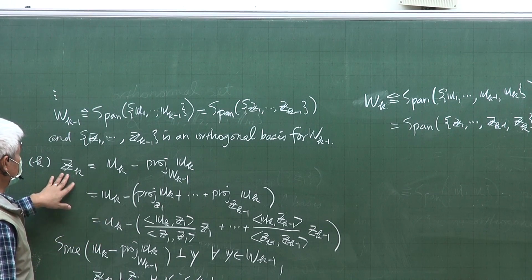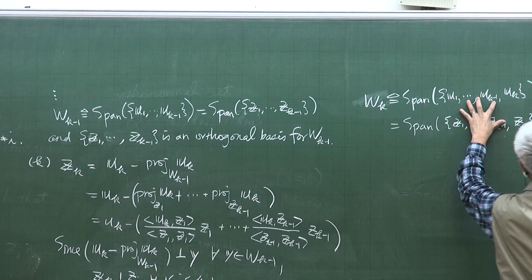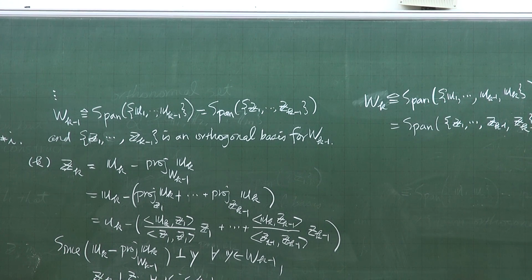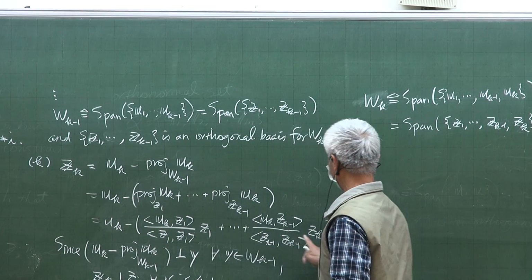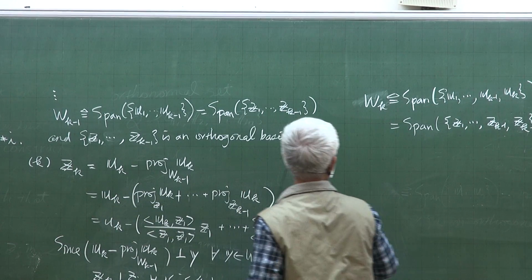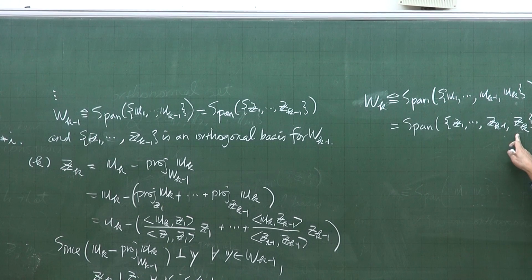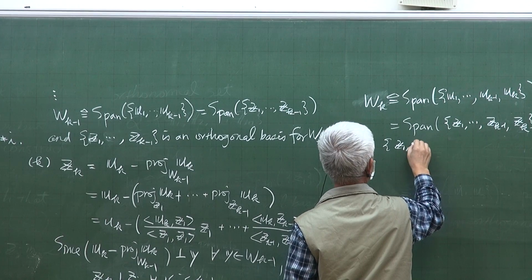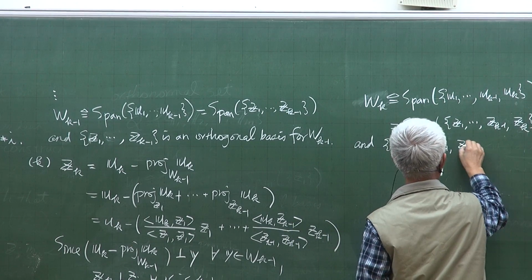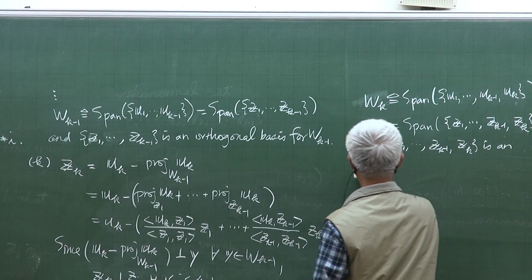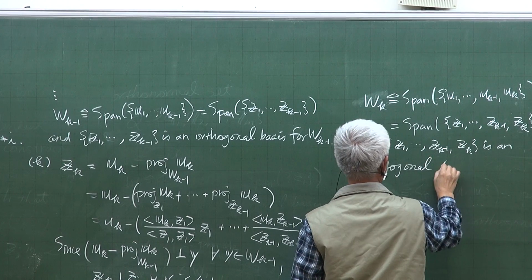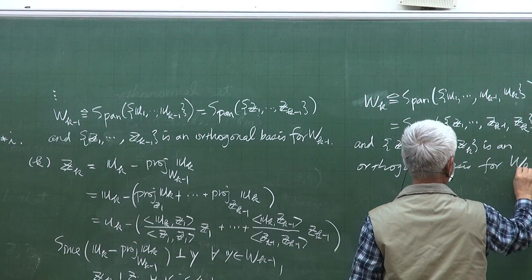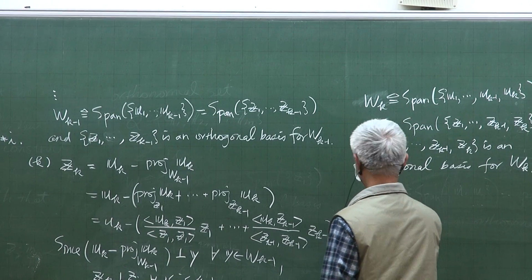So from here, zk is in the span of this set. Conversely, uk is a linear combination of z1 up to z k minus 1 and zk. So uk is also in this spanning set. Okay, so we can establish that they are equal. And z1 up to z k minus 1 and zk is an orthogonal basis for Wk. Alright, and so we go on up to m.